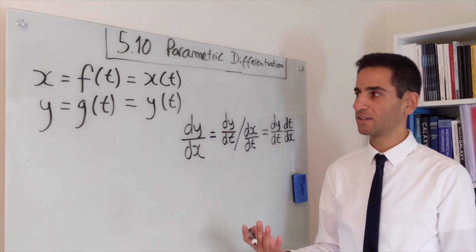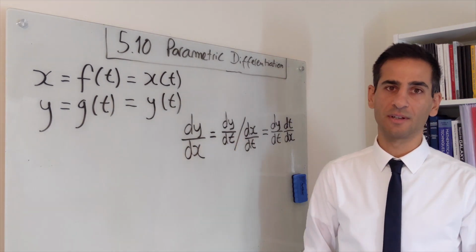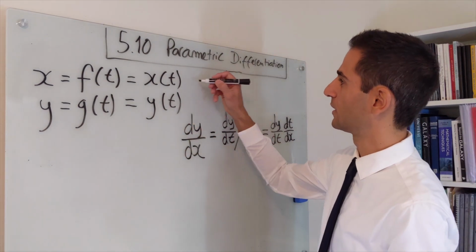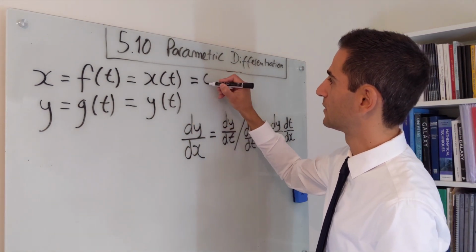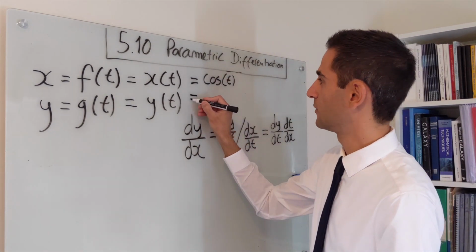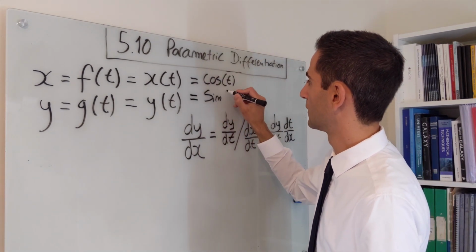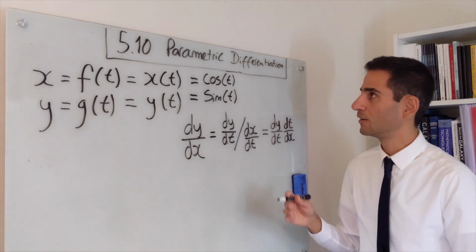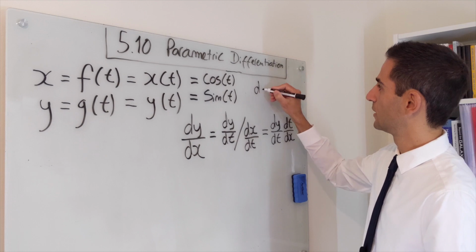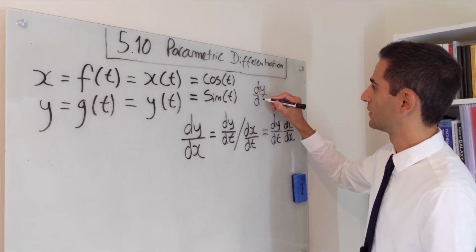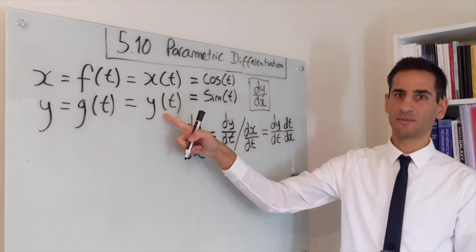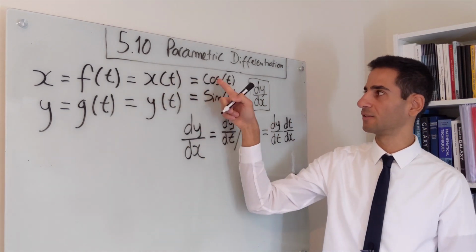To make sure that you understand, let's think of a practical example, a very simple one. Let's say that we're looking at this function and that x is cos of t, and for y we have sine of t. If we want to use parametric differentiation, and our goal will be to calculate dy/dx, we can't really do it because y is not a function of x, and x is not a function of y.